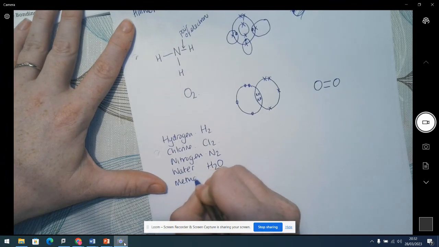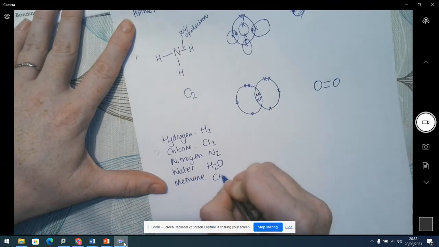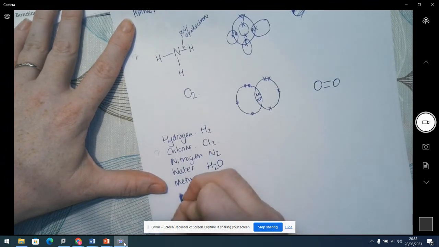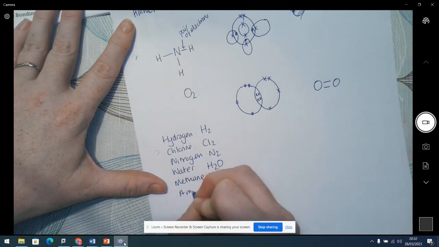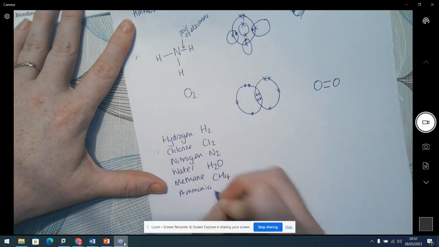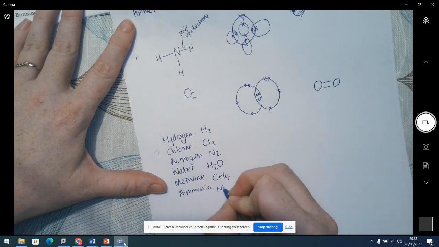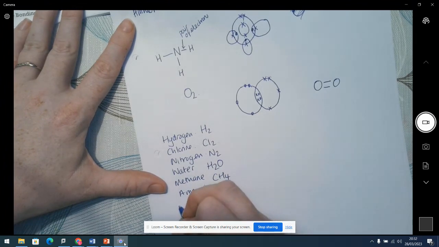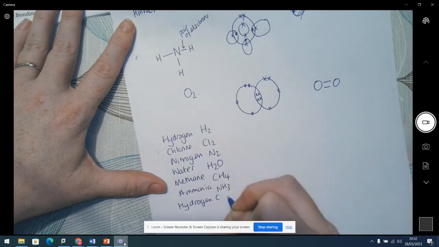Methane, and ammonia, which we've already done, which is NH3. And the final one would be hydrogen chloride.